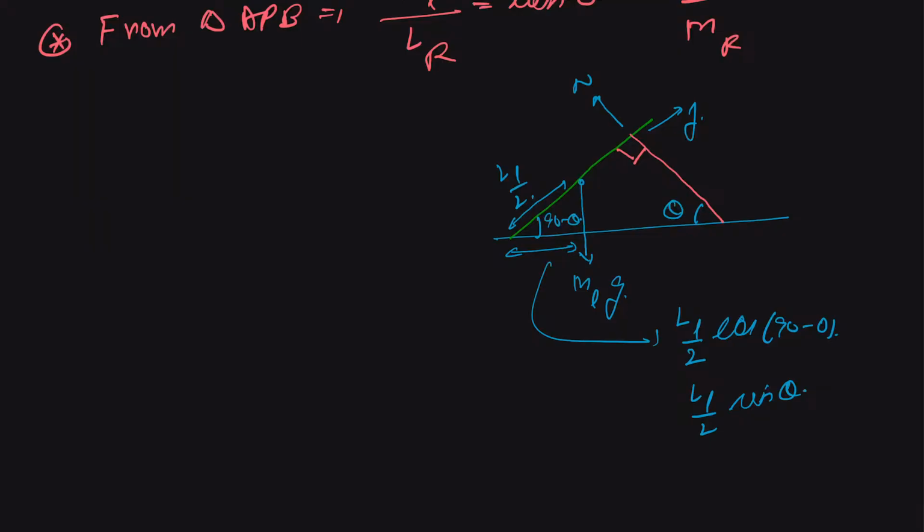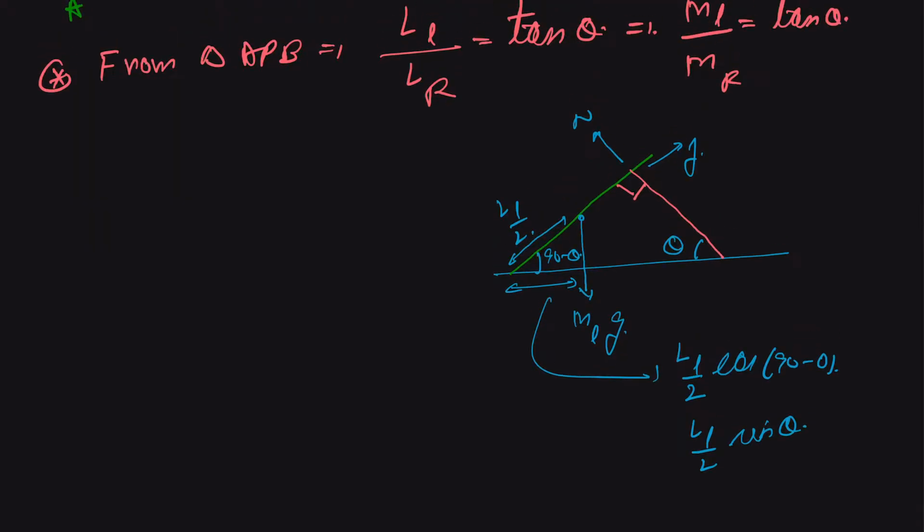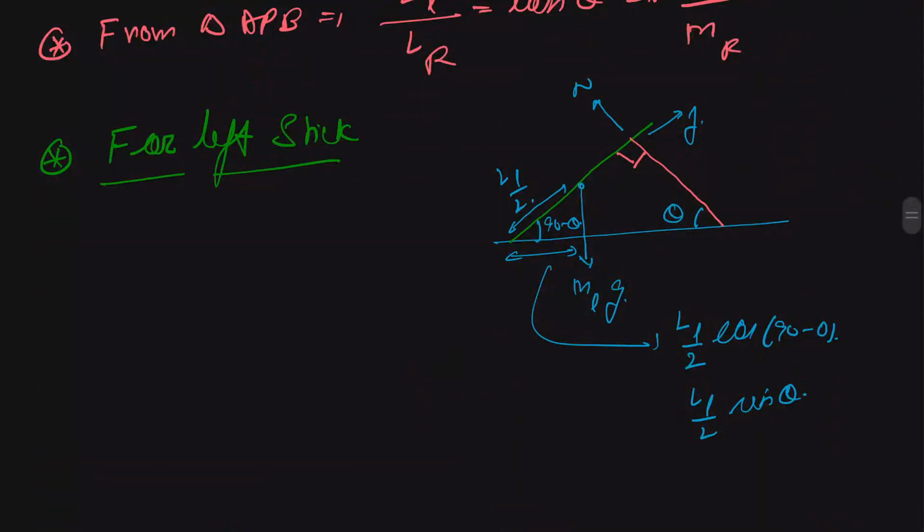Let us consider the left stick, and find the torque with respect to point A. At this point the normal will also be there, but for A it doesn't matter, so we are not going to draw it.